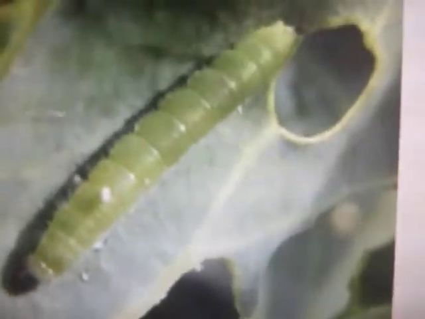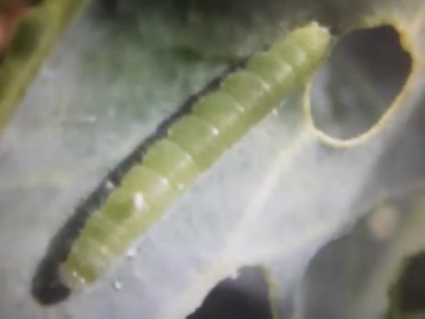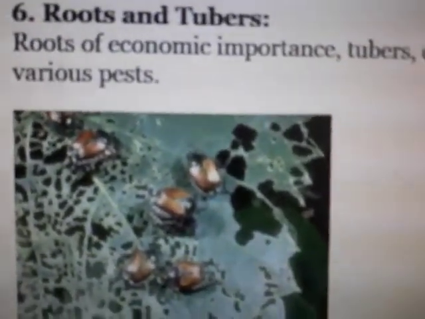This is larva with cutting and chewing type of mouth part, and this is the part damaged by larva. Roots and tubers.